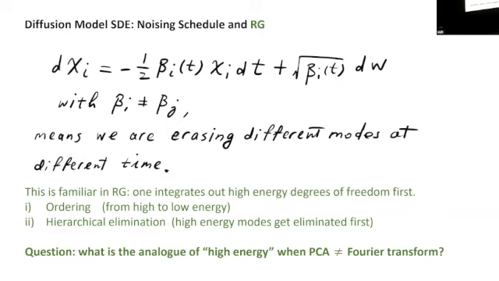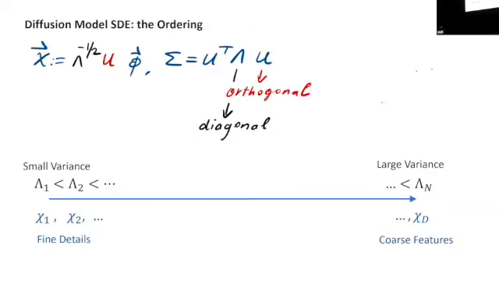But it follows that pattern. So in terms of choosing the betas, what we want to know is what's the analog of high energy when the PCA is not equal to the Fourier transformation. PCA is whatever your data set dictates. So we say, let's look at the variance. The variance matrix is diagonal in this data representation.